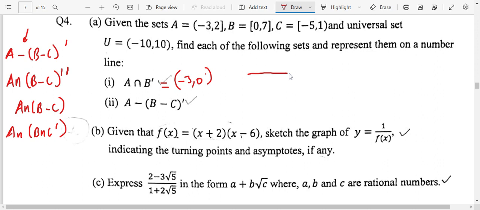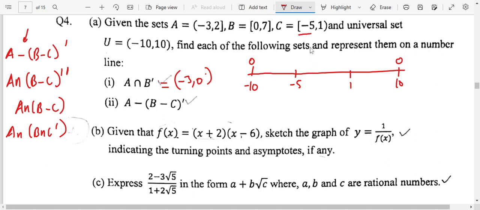So first thing first, I'm going to start with the C complement. First, write the universal set that is from negative 10 to positive 10. I'll just put circles there. Since I want C complement, the set C starting from negative 5 up to positive 1. But we want a complement.